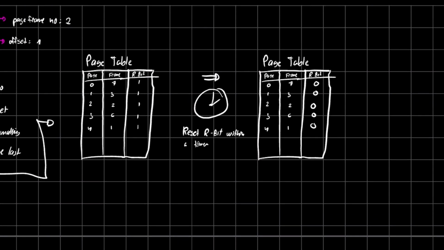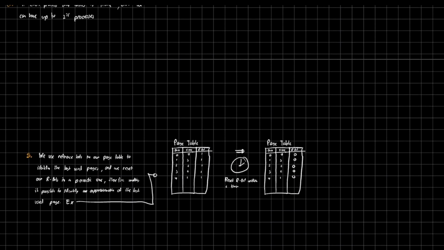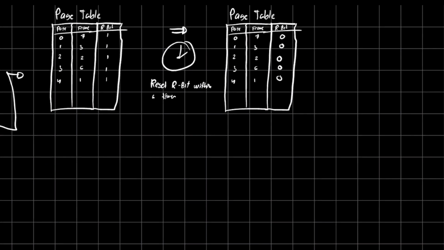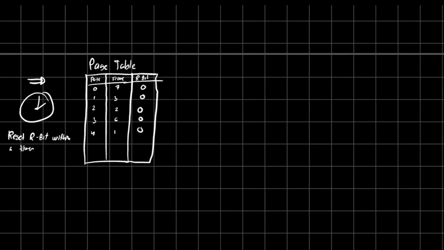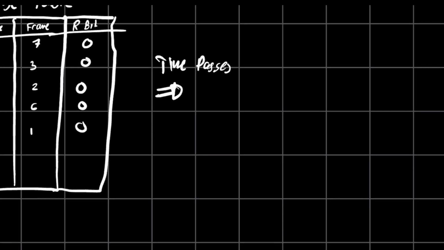Let me just move our exercise 5 down below because we have no more space here. Then some time passes, so we can write here: time passes, some pages are accessed.